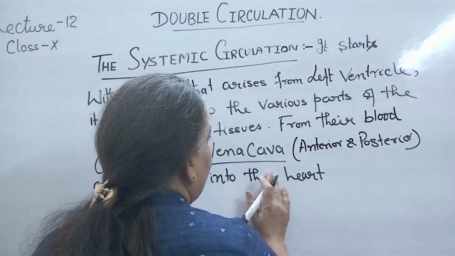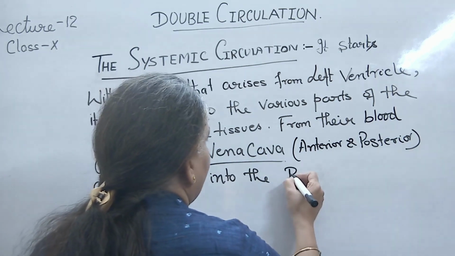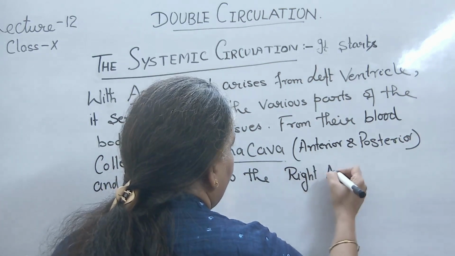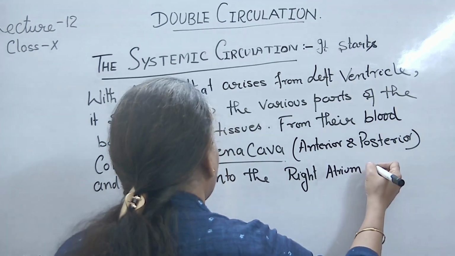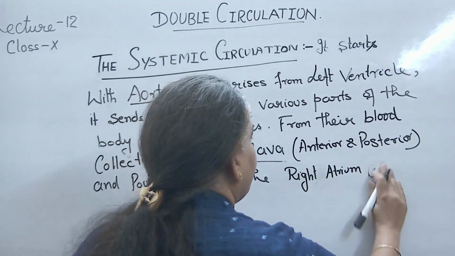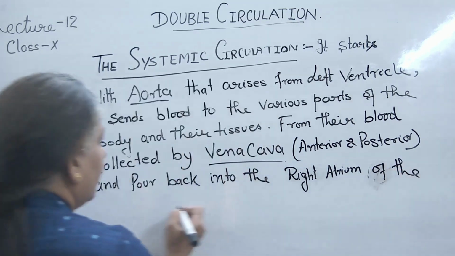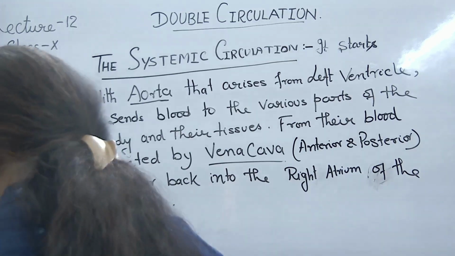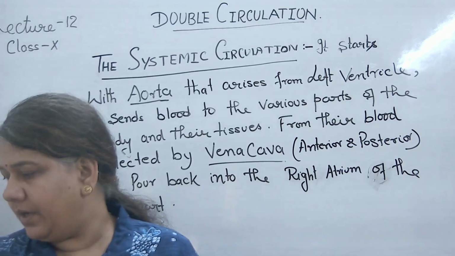You can write right atrium of the heart. So this is the systemic circulation.